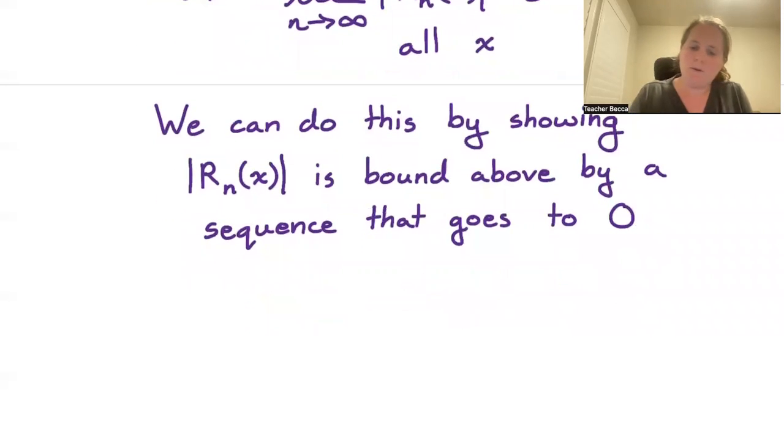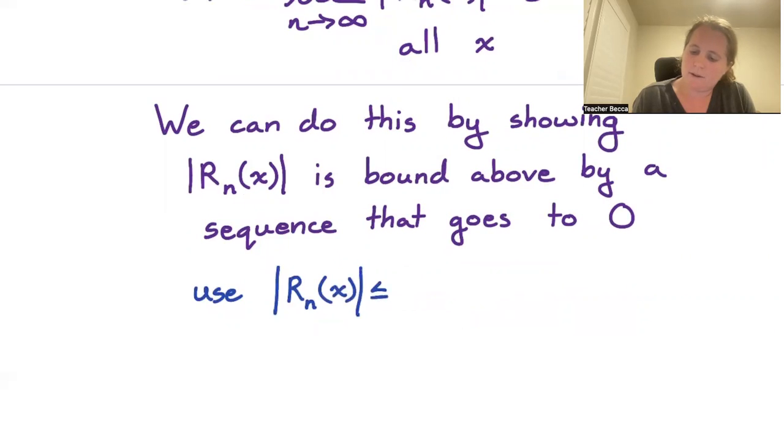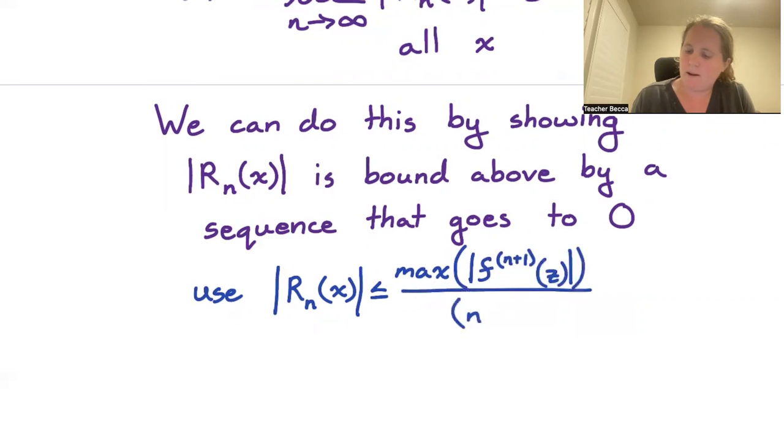So to do this, we will use that bound that we have. So we will use the fact that absolute value of R sub n of x is less than or equal to the max over I of the absolute value of the n plus first derivative of f. Take that max, divide it by n plus 1 factorial, and then multiply it by the absolute value of x minus c raised to the n plus 1.